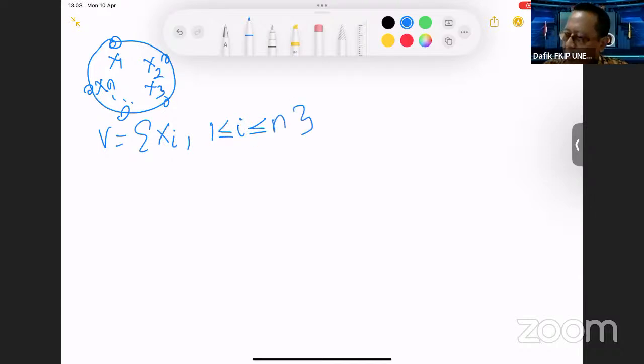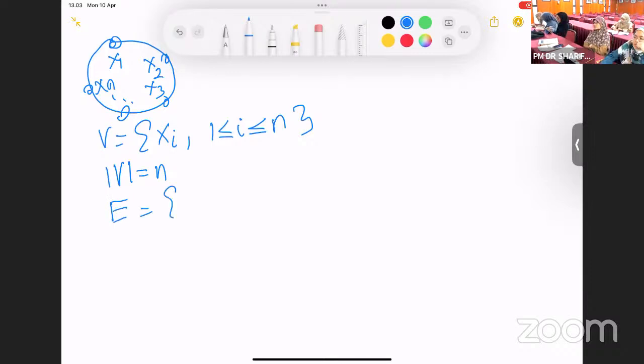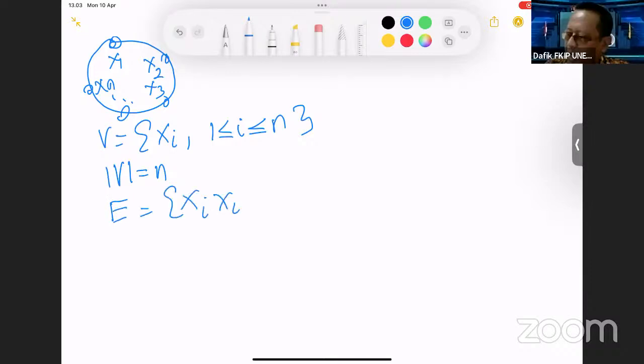But for the edge set, what do you think? Again the same, xi to xi plus 1. But what is the range here, n or n minus 1?